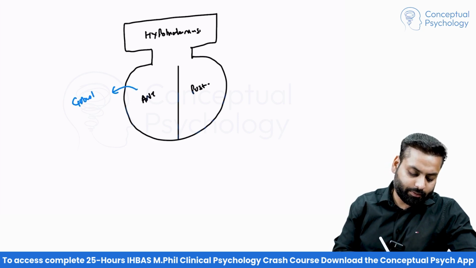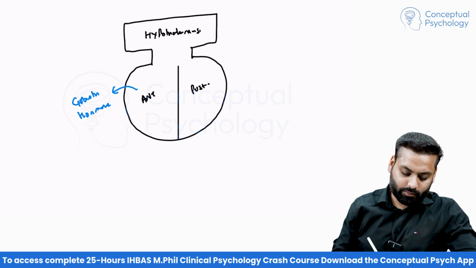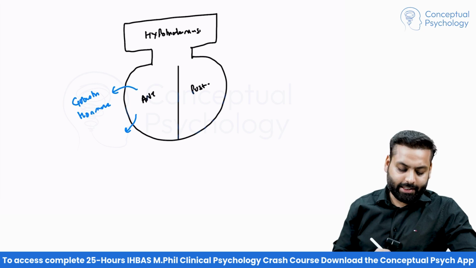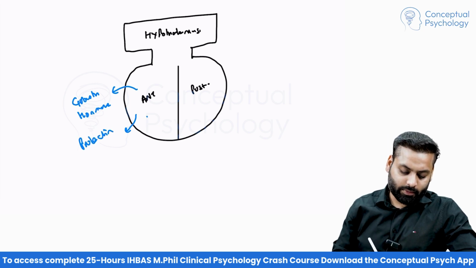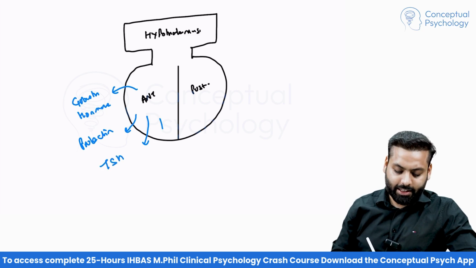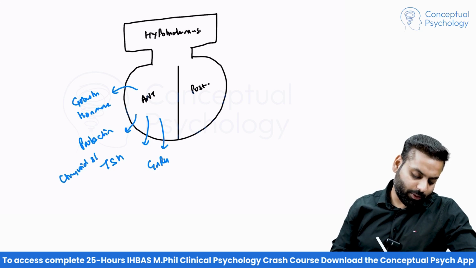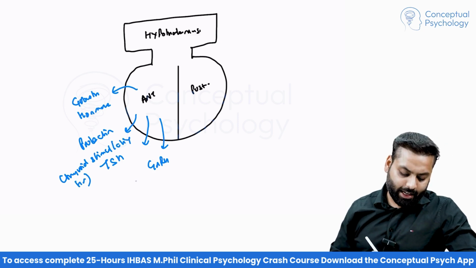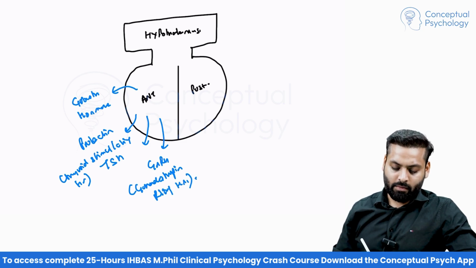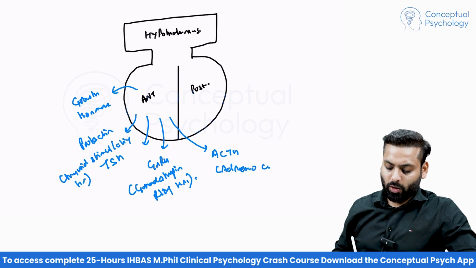Growth hormone, prolactin, TSH, which is thyroid stimulating hormone, then GnRH, gonadotropic releasing hormone, and then ACTH, adrenocorticotropic hormone.